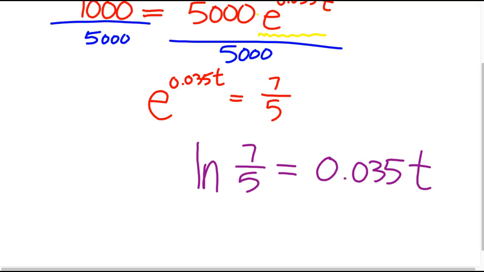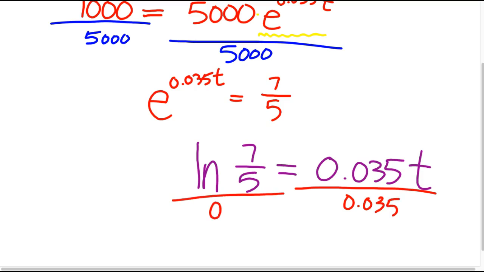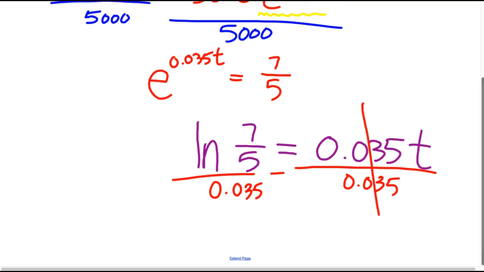Now what? I've got to get rid of the 0.035, so I divide both sides by 0.035. I'm rushing now because we're getting low on time. Okay, and that's going to cross those off, and that's going to give you your t value.